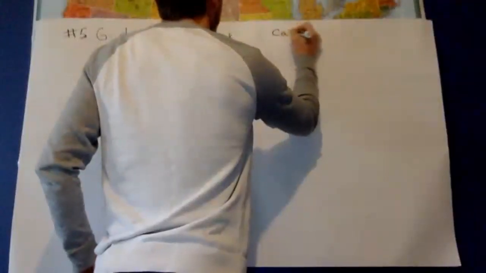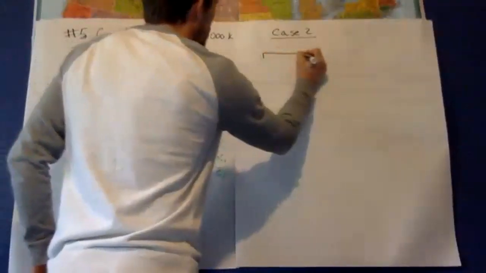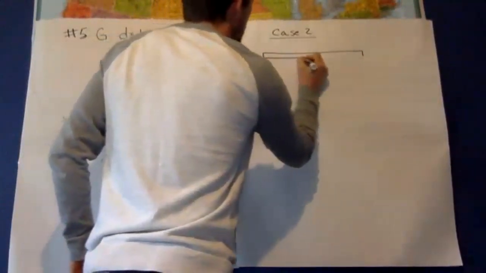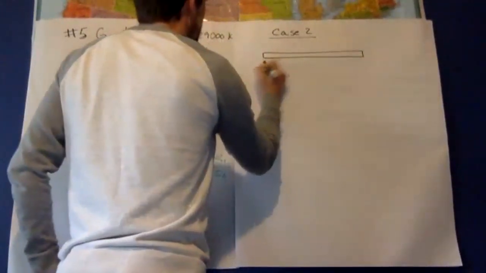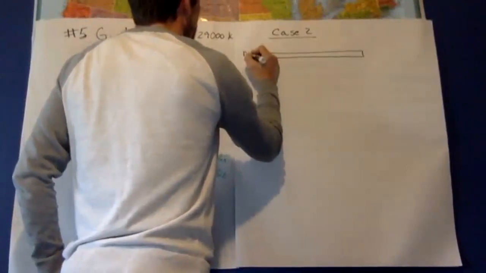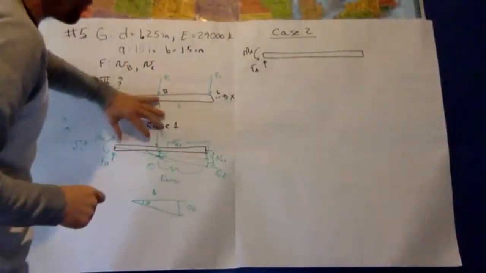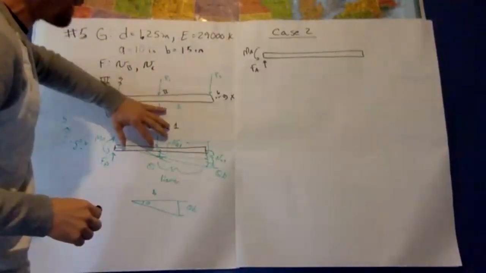So you still got a couple minutes. Let's start to look at developing case 2 now. I'm going to draw the free body diagram. We're not looking at the force at P1.